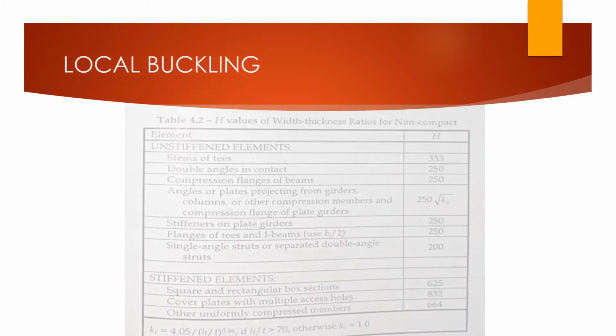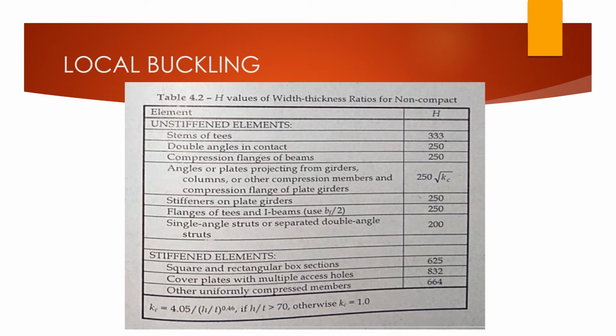Good day, everyone. I'm Jericho G. Alumno. In continuation of the report of Romeo, I am assigned to discuss the remaining topics, the first of which is local buckling. Local buckling of a plate element in a rolled shape or built-up compression member may occur before Euler buckling.